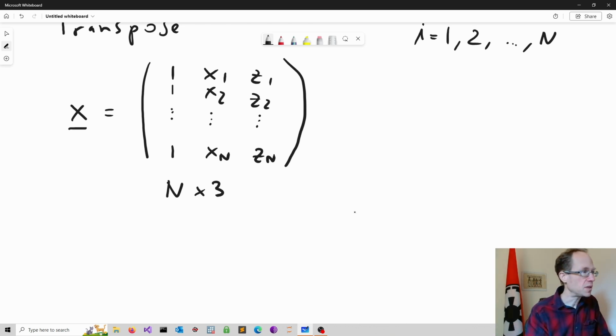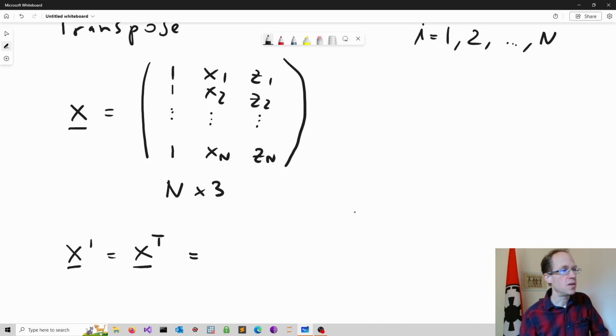To take the transpose, we take our matrix X and apply prime or T. Both are used to indicate the transpose. The transpose switches the columns and the rows. So in this case, the first row becomes our first column.